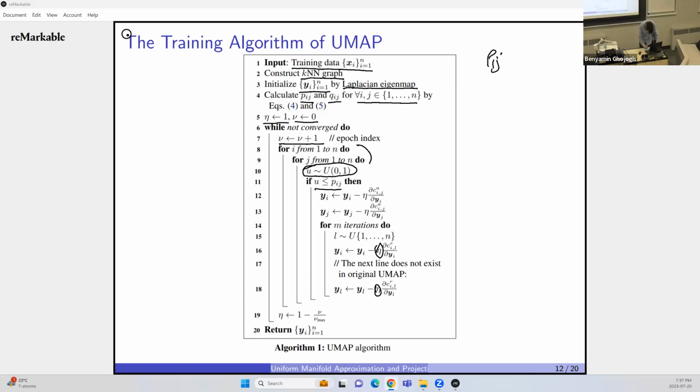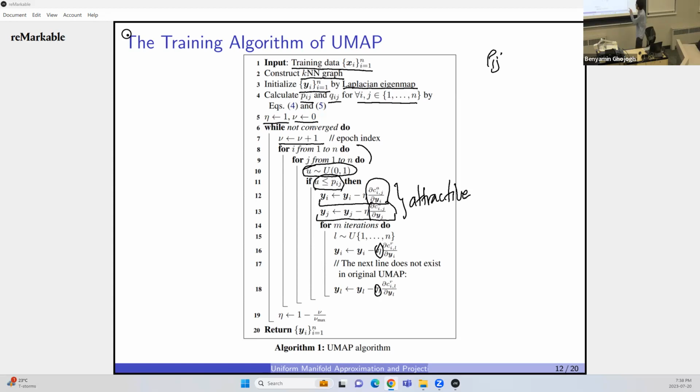Okay, then if this has happened, we update yi and yj by gradient descent, right, where we have these derivatives. We will see these derivatives, okay? And then for n iterations, so what am I doing here? This is attractive, of course, for similarity, right?